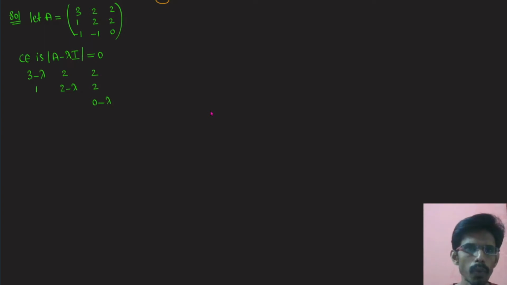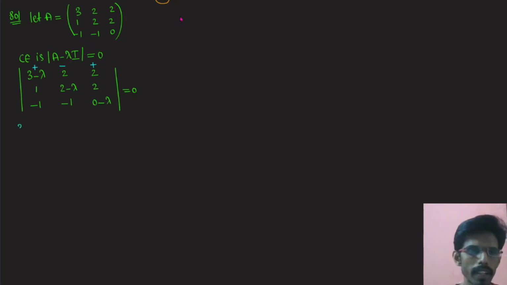Now the third row we have minus 1, minus 1, determinant equal to 0. Now we assign signs to the first row: plus, minus, plus.